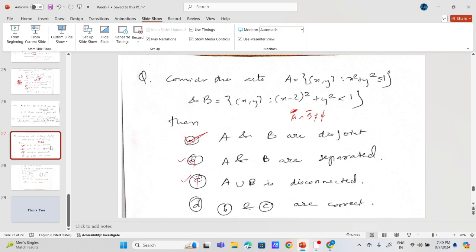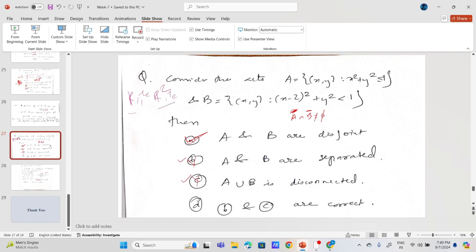Most of the questions related to connected and disconnected, you can directly do geometrically through a graph, because if it is true in general, it should also be true for R and R2 with usual topology and Euclidean topology. So if any statement or theorem is true in general, it should be true for R with usual topology or R2 with Euclidean topology.